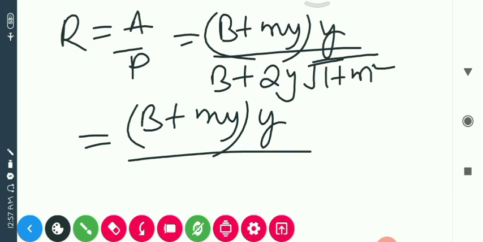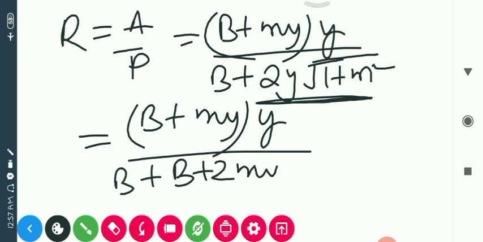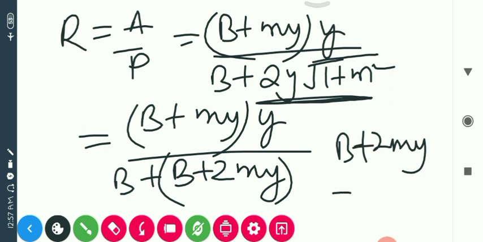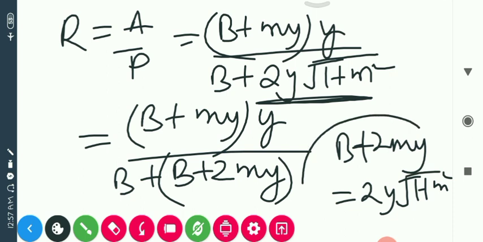From the previous results we can put b plus 2y into under root 1 plus m square as b plus 2my. We obtained that result previously: b plus 2my is equal to 2y into under root 1 plus m square.